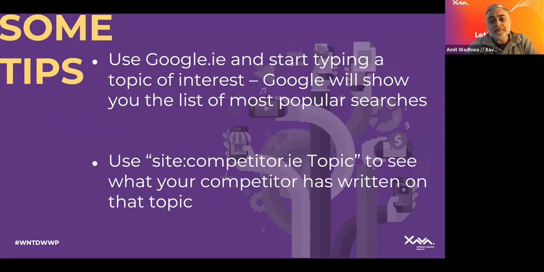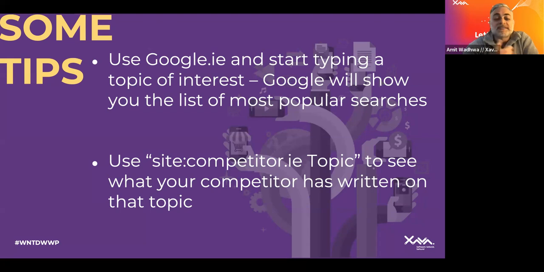Couple of quick tips. If you want to come up with what are the most popular things that people are searching for or looking for, if you want to write, go to Google. I've written google.ie, but you can go to google.it, Vincent, or google.de for our Frankfurt friends, or google.co.uk for the non-EU friends here, and start typing in the search query.